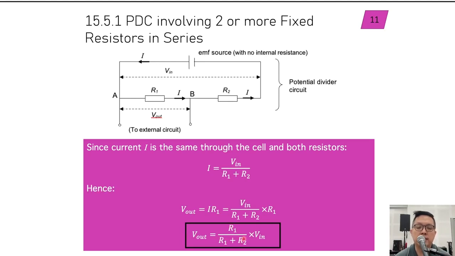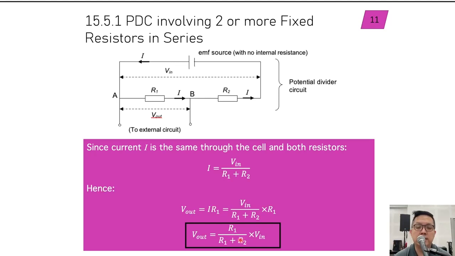Let's say R1 equals R2 equals 5 ohms. So this will be 5 over 5 plus 5, you get a half, and then V out will be half of V in. And if it's a lower value, say 1 and 9, then it's 1 over 1 plus 9, you get 1/10, which is 10%.